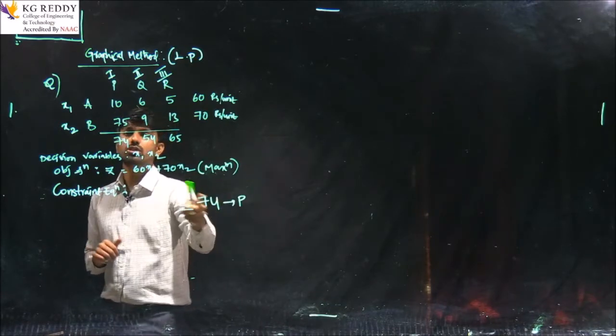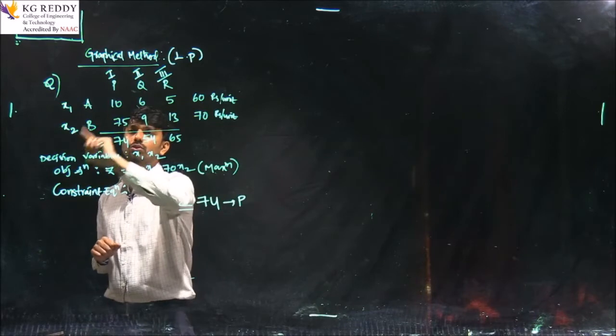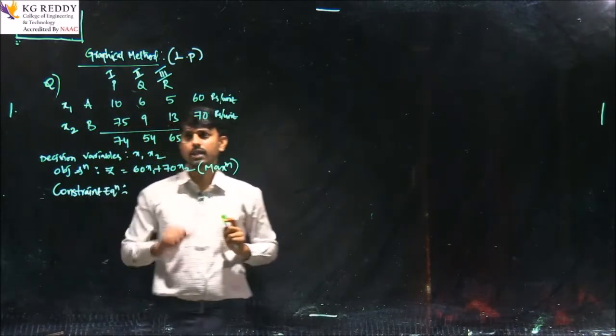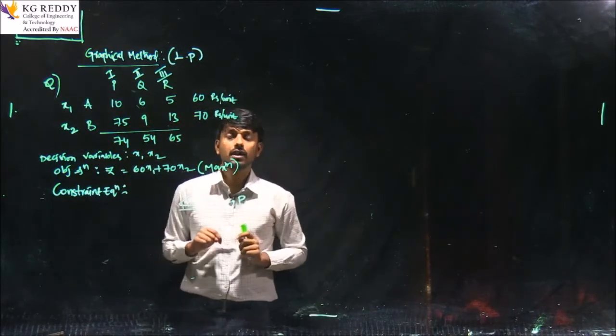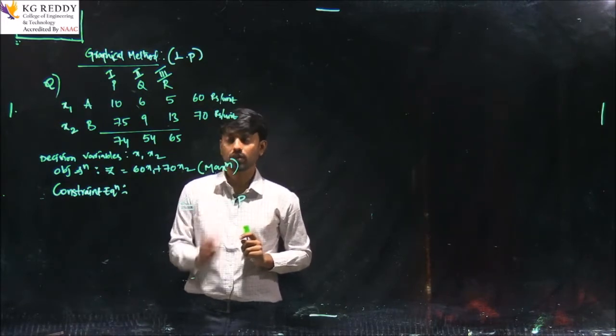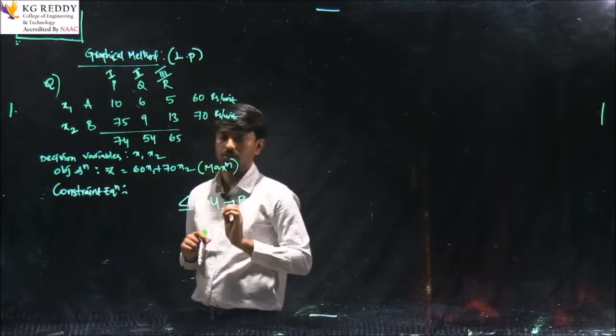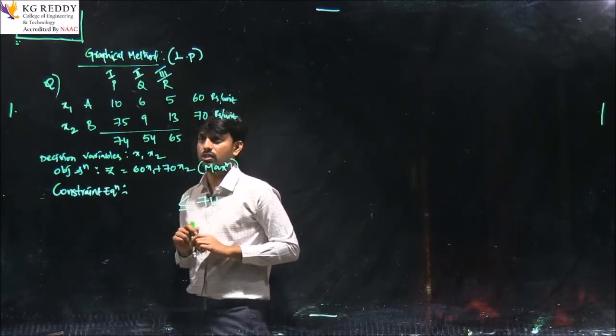Now it produces 2 products, A and B. If it produces 1 unit of product A, how many hours does machine P have to work? This is a simple question. Just look at the question and think about the answer.